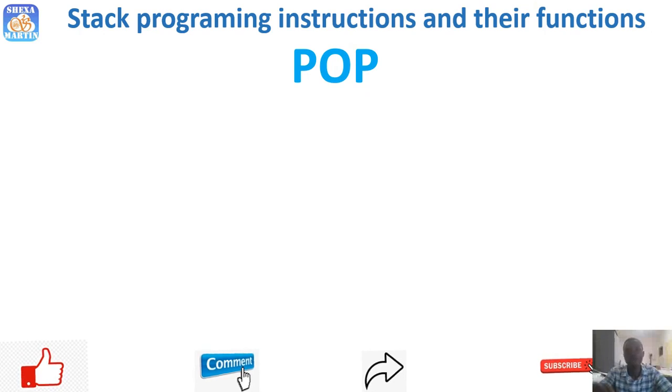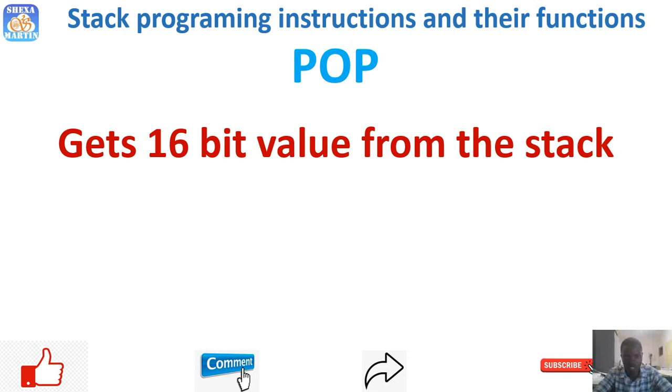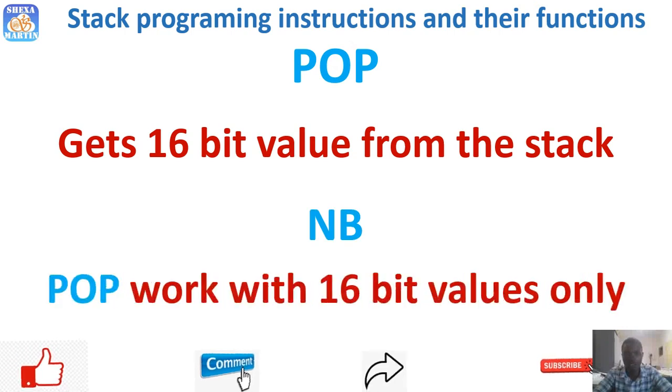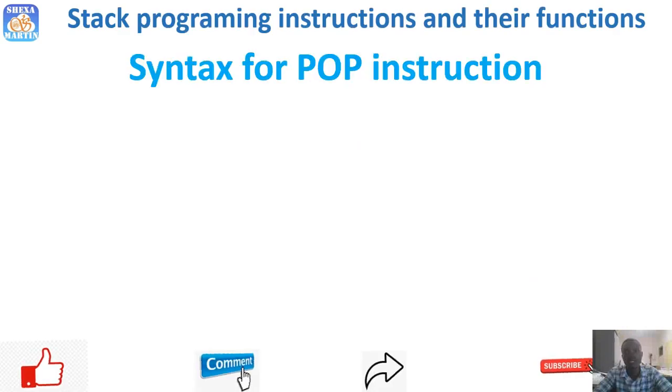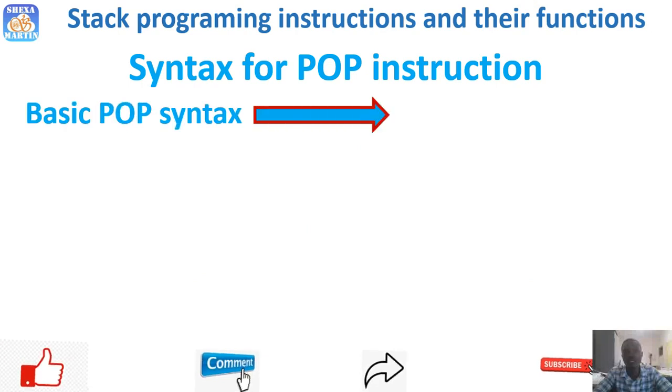But now we are saying pop, we are now popping the value from the top of the stack to a certain destination. Here is something that is important, but we have talked about it already: pop and push work with 16-bit values only. And here is the syntax for the pop instruction. You say pop destination.